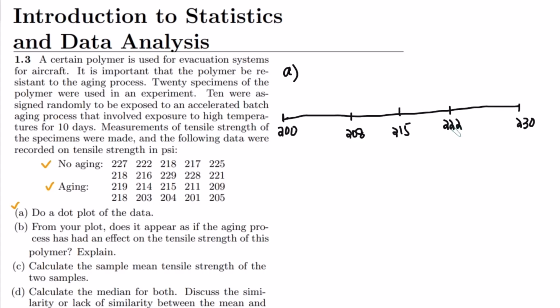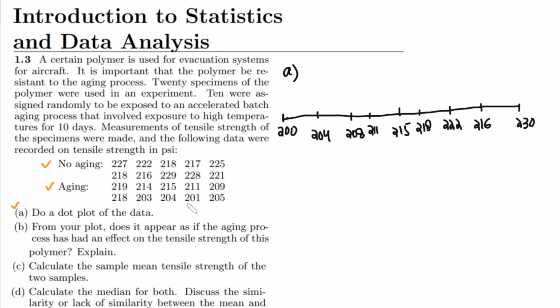Okay, this is the data. Let me use the others here as well. So this is 204, this is 208, and let me have 211 here, 218 here, and also here we will have 206. So these are different data ranges here.